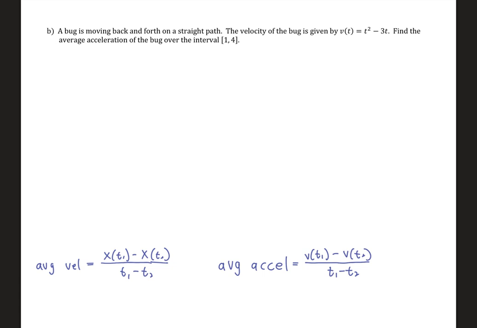So to set it up, it's v of 4 minus v of 1, over 4 minus 1. Off to the side, v of 4 is 16 minus 12, which is 4, and v of 1 is 1 minus 3, which is negative 2.